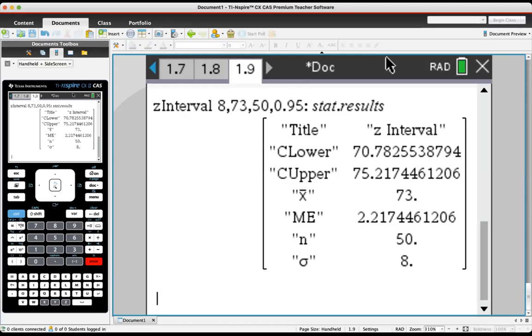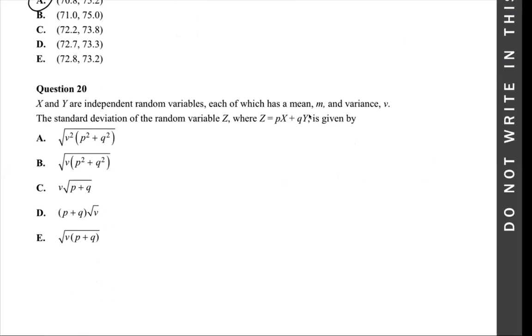All right, let's have a look at the last one. X and Y are independent random variables, each of which has a mean M and a variance V. Okay, right, so E(X) equals E(Y) equals M, and Var(X) equals Var(Y) equals V. So the expected value, well, the question didn't ask for expected value.